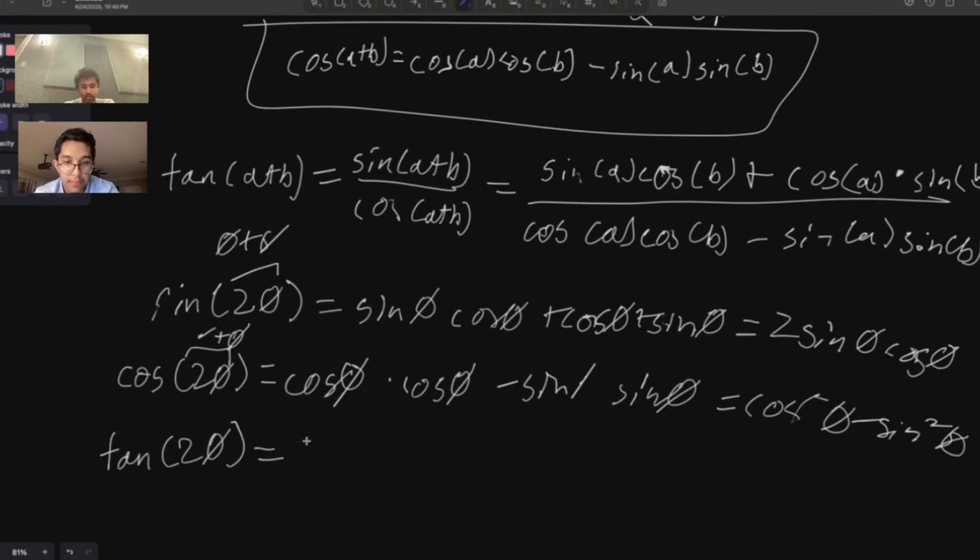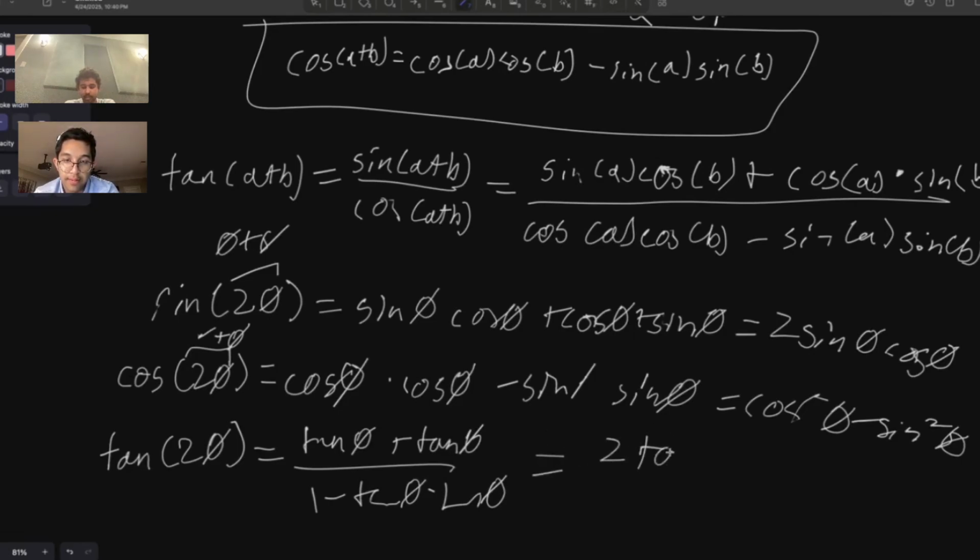That's equal to tangent theta plus tangent theta over 1 minus tangent theta times tangent theta, which is equal to 2 times the tangent of theta over 1 minus the tangent of theta squared.